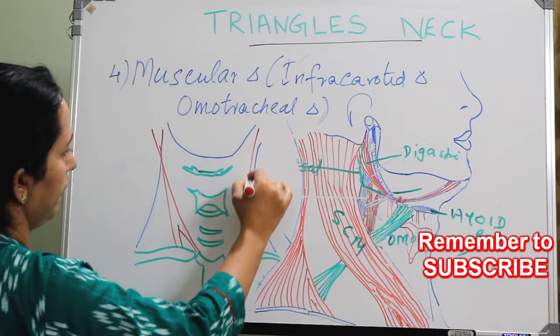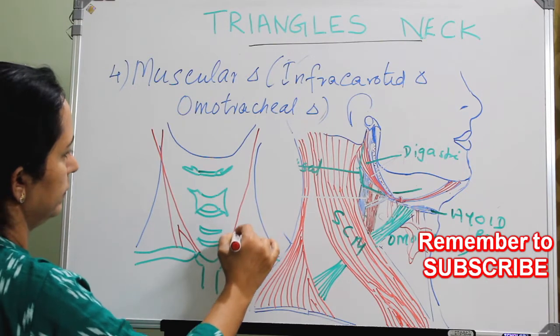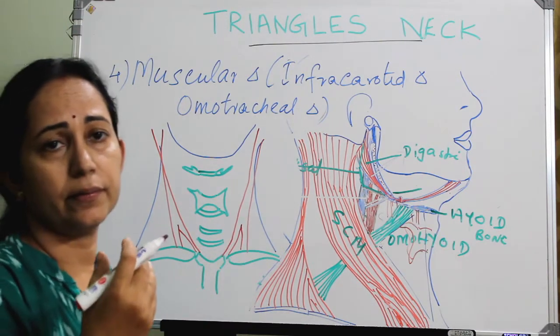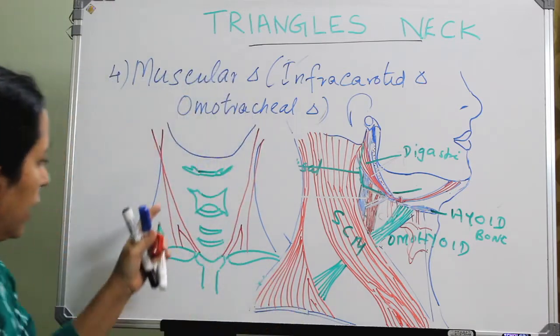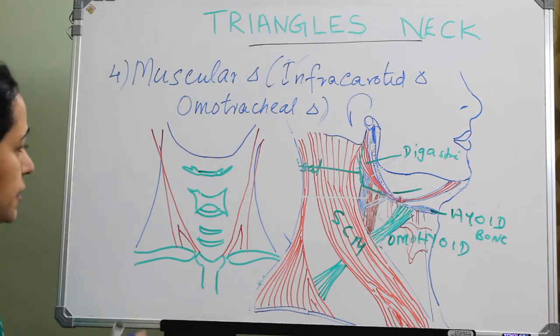Here also, and we know that the anterior compartment is actually anterior to the sternocleidomastoid muscle.